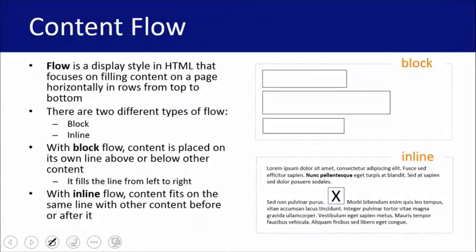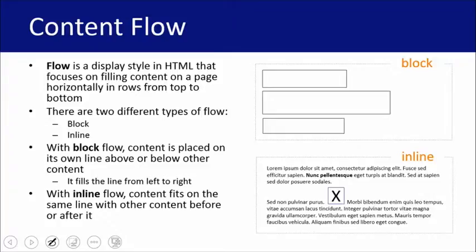We can change this using flow with CSS. So we have block flow and then we also have inline flow. Actually, let me backtrack. I just misspoke a little bit. There is block flow and then there is inline flow as well. With block flow, you're going to see block level elements doing exactly what I just did with my hands.